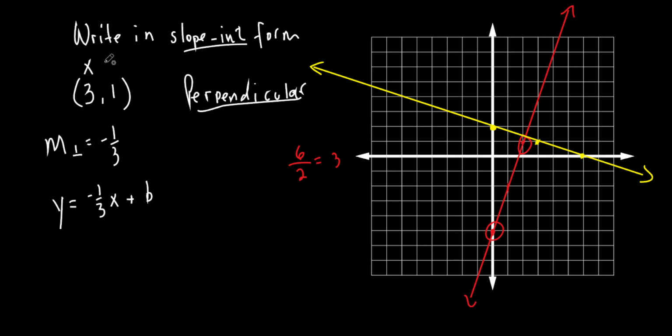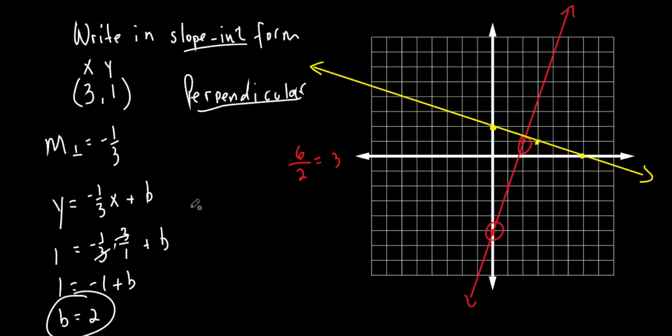Sure enough, we know that x and y right there. Let me finish this up. So y is a 1 equals negative 1/3 times, sorry, not x, but 3, plus b. That's a negative 1 on the right. Add a 1 to both sides, so what's b? It's 2.